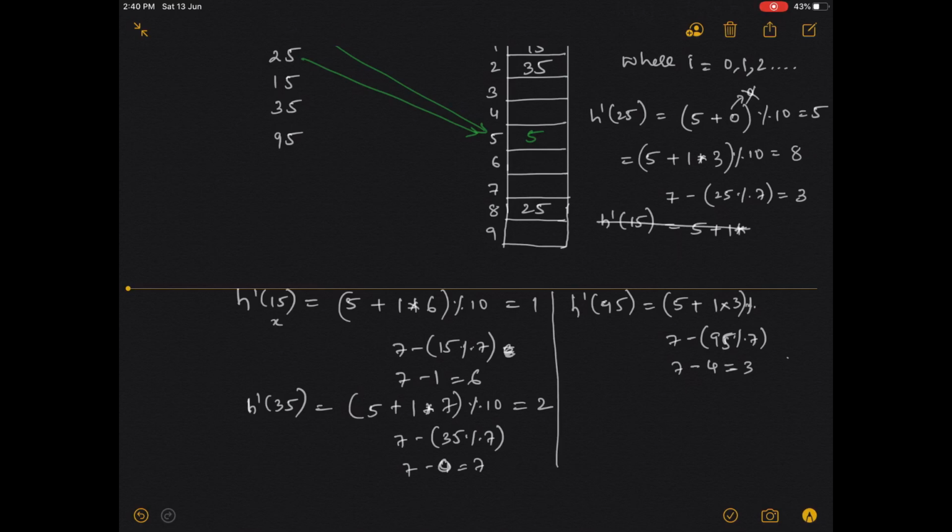So mod 10, which is location 8, it is giving the same location, so it is again colliding at index 8 where 25 is already stored.